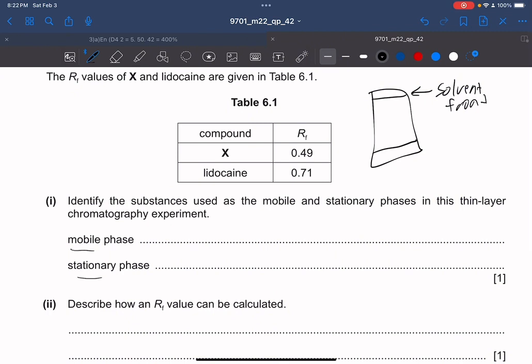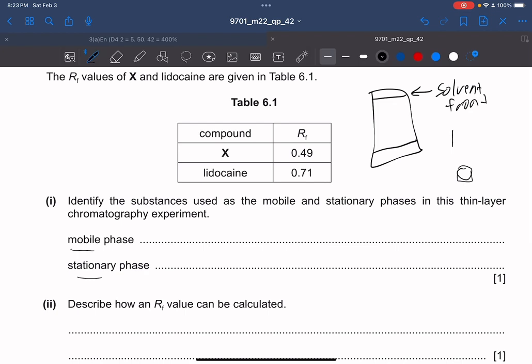So this might sound a little bit confusing, but basically in chromatography, if you do it in a lab, you're going to have a very thin stick called a spotter. Let's say you have a sample of something, you're going to dip the spotter into your sample, then you're going to stick it onto the baseline on your chromatography paper.